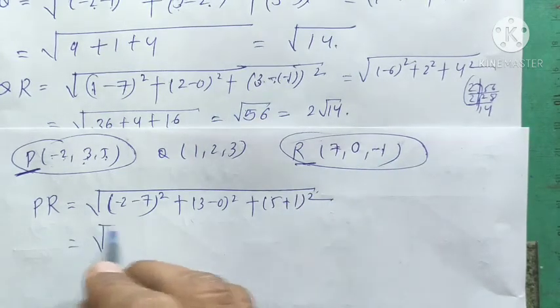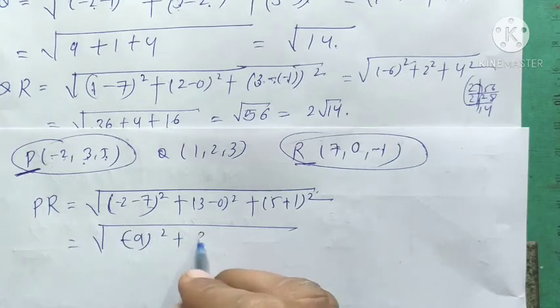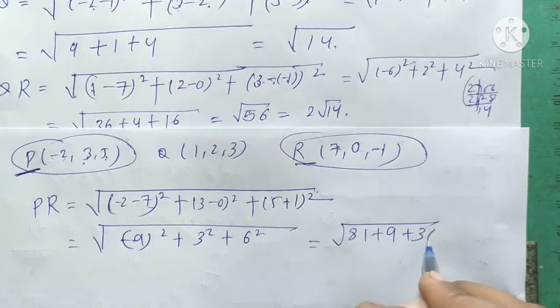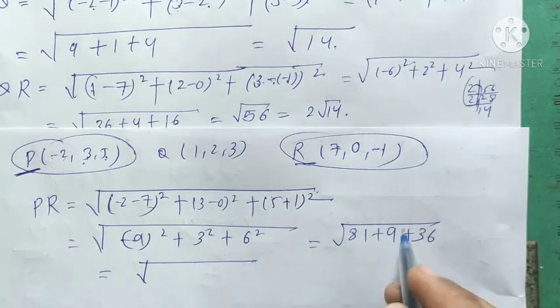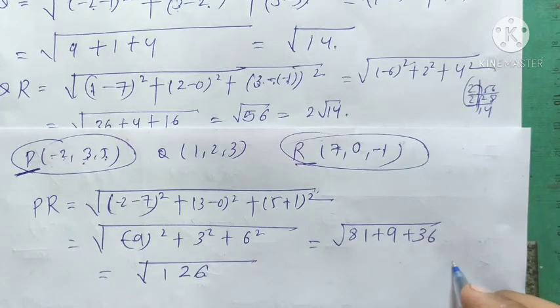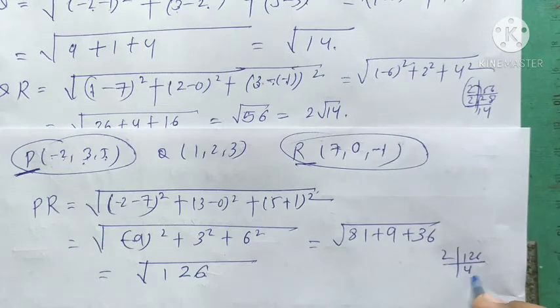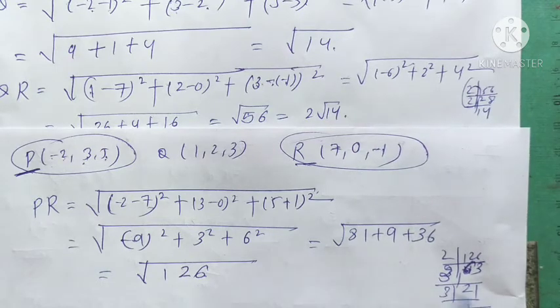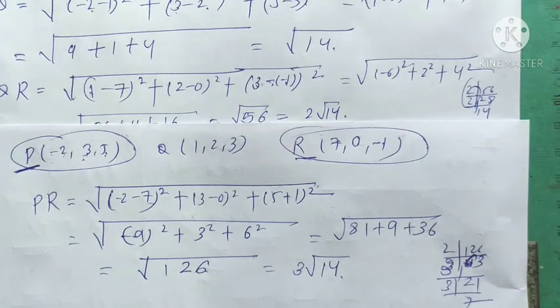So minus 9 square, 3 square, 6 square, and finally 81, 9, 36, and 126, and that is 3 under root 14. 3 under root 14. Understand that?